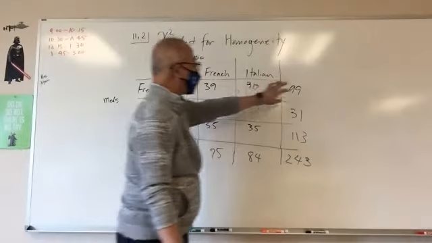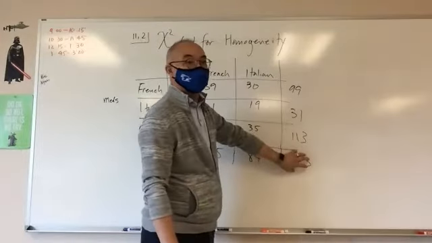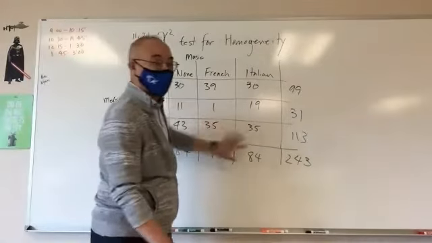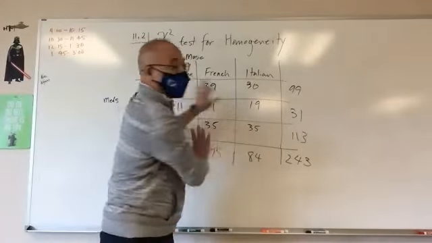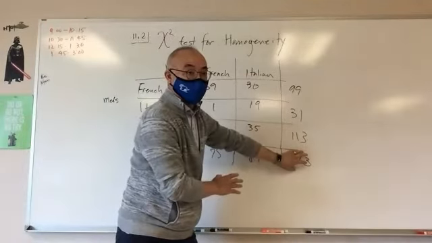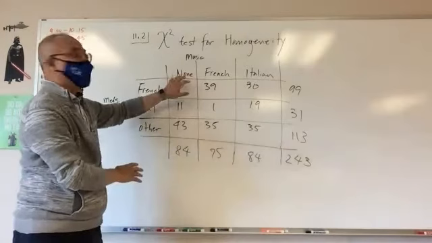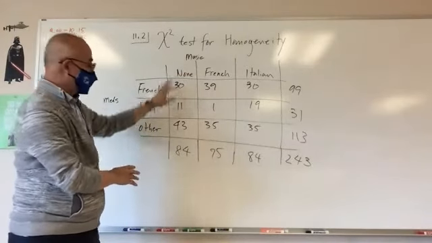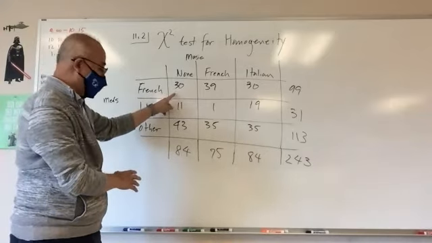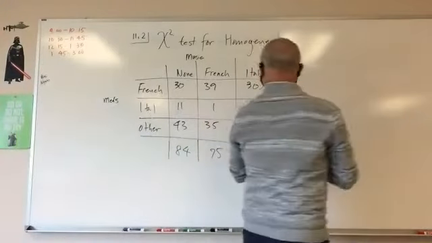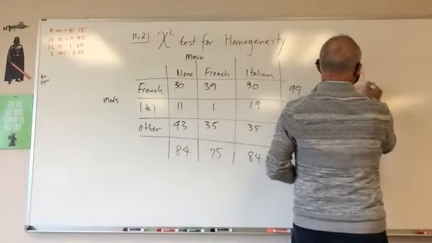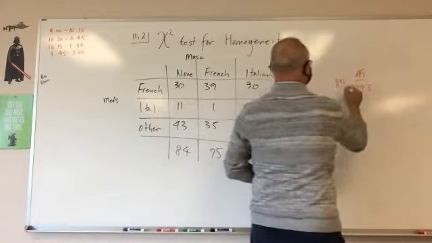So 99 out of 243 is the percentage of people, regardless of the music, who ordered none. And since we're talking about 84 people, the expected value here is going to be 99 out of 243 times 84.